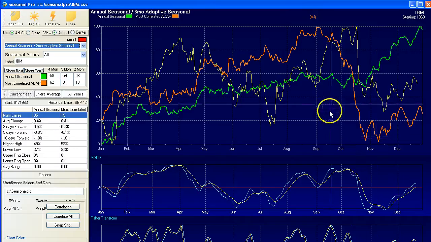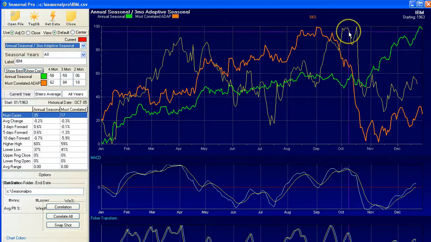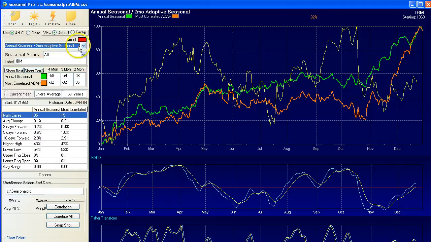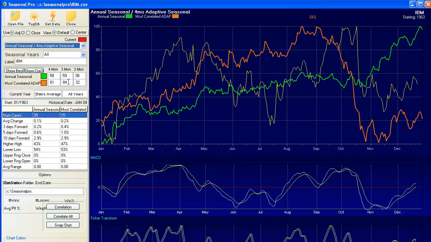What is it? Well, you can see if you're using regular seasonals, which is the green line, to trade IBM, they did a lousy job in predicting this drop-off right here. But what if you were to take all these years that you used, these 55 years of data, and only took to create your seasonal half of those years, the half that most look like the way IBM has recently been trading over the last 3 months, or over the last 2 months, if we're using the 2-month adaptive seasonal, or over the last 4 months.